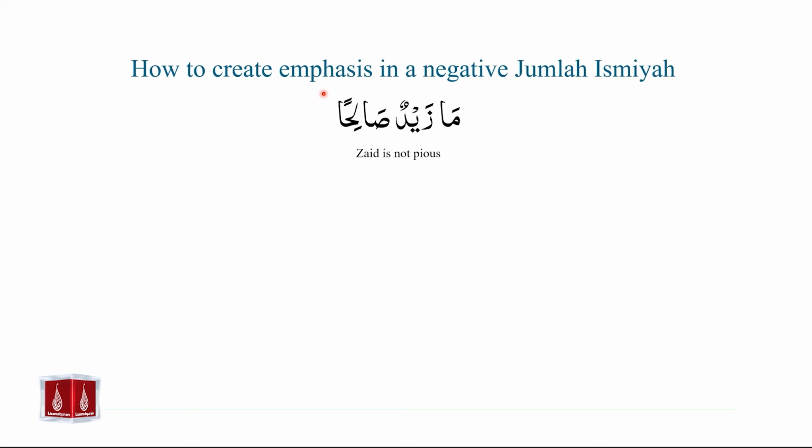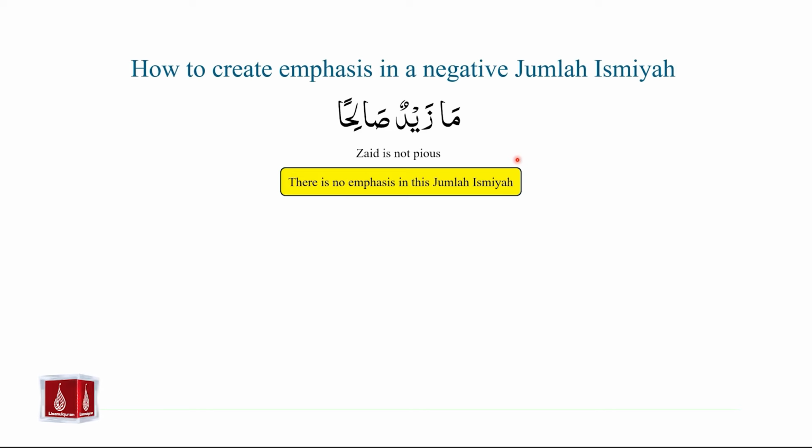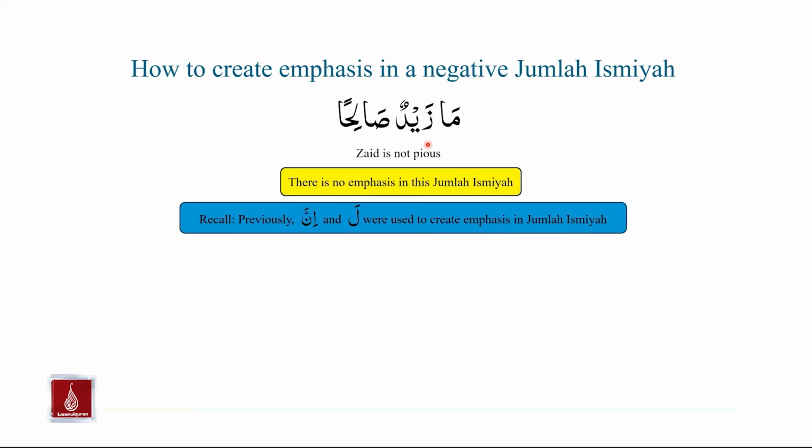Now we will study how to create emphasis in a negative jumla ismiya. We have the example of Ma Zaidun Salihan. Zaid is not pious. Please note that there is no emphasis in this jumla ismiya. We are simply saying Ma Zaidun Salihan. Zaid is not pious. Please recall that in the case of a positive jumla ismiya, we used inna and lam ta'kid or the lam of emphasis to create emphasis in jumla ismiya.